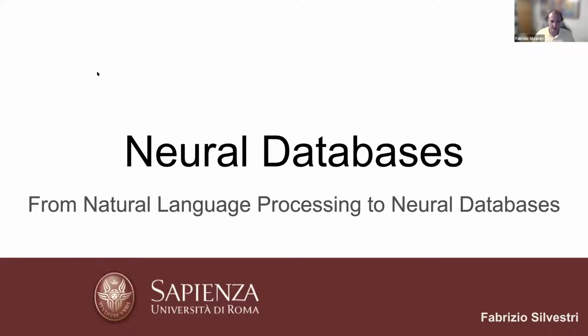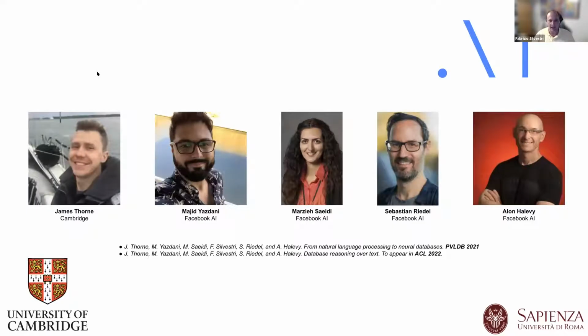This is work that has been done while I was at Facebook AI, and it is a joint work with this amazing set of people that you can see here. James is a PhD student at Cambridge, and he's the intern who actually implemented all the stuff and did all the experiments.